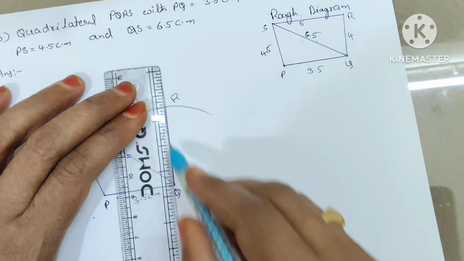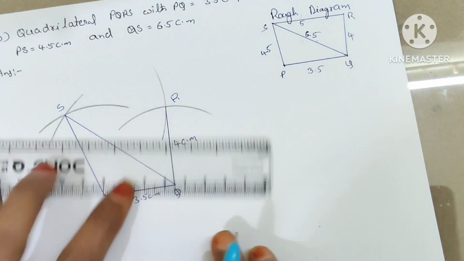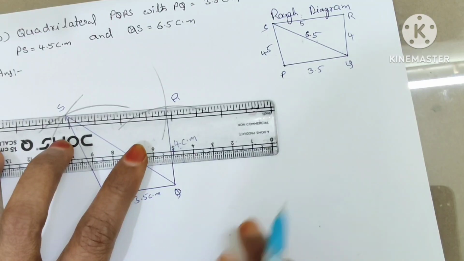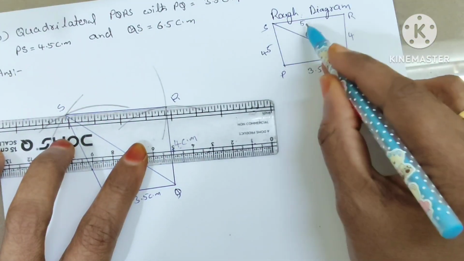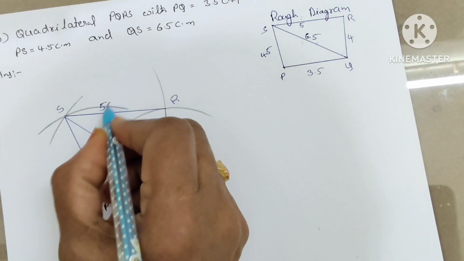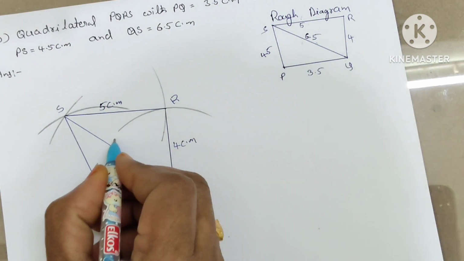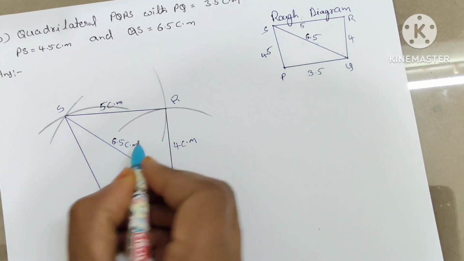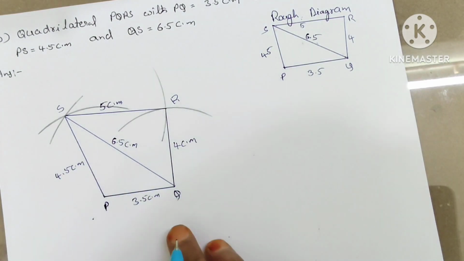These two points' length is 4 centimeters. Next add R and S. RS length is 5 centimeters. Now the diagonal SQ is 6.5 centimeters. Now SP is 4.5 centimeters.